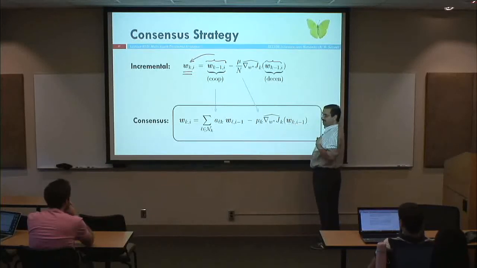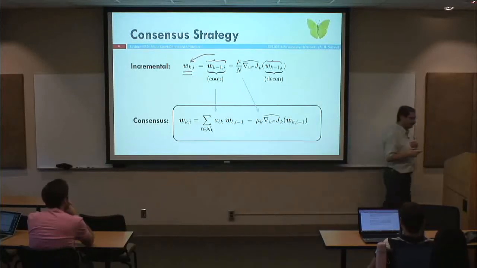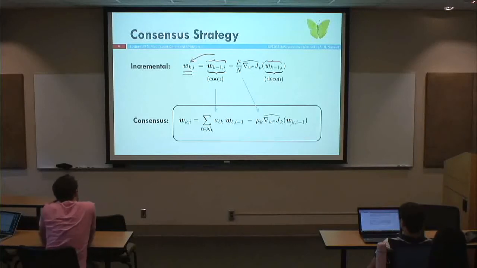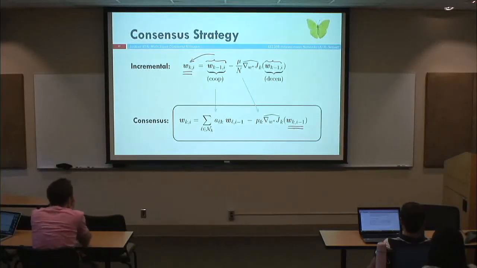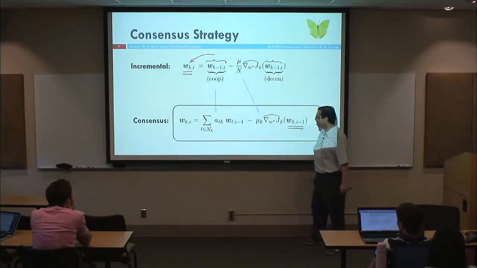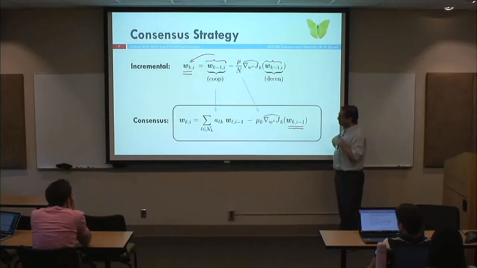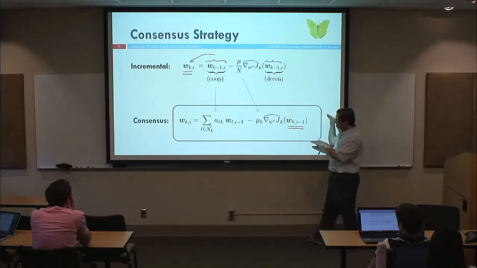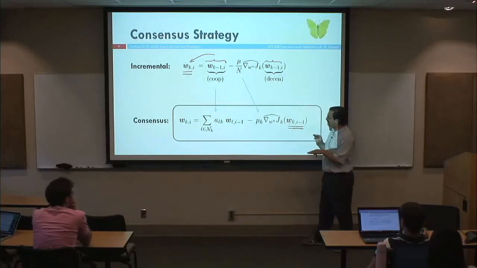So I'm agent K. My current estimate is this value, fine? This is my WK at time I minus 1. You see, this is different from this, okay? I'm agent K, and I want to run a gradient descent update.